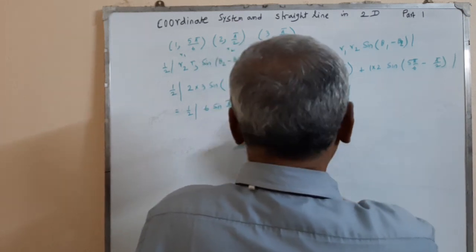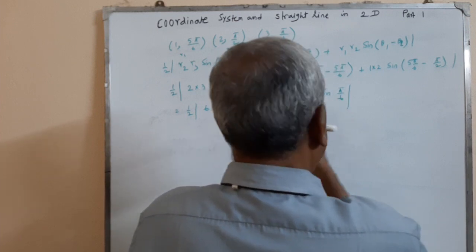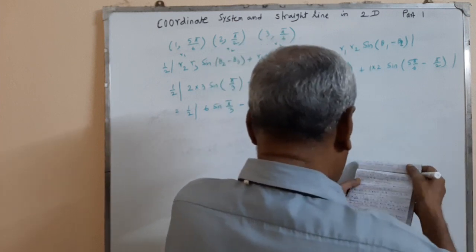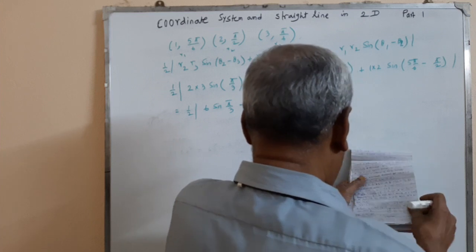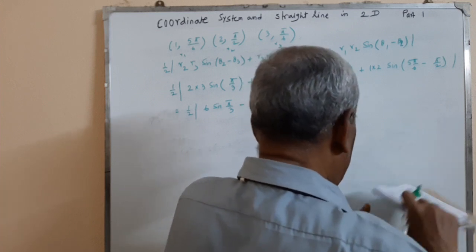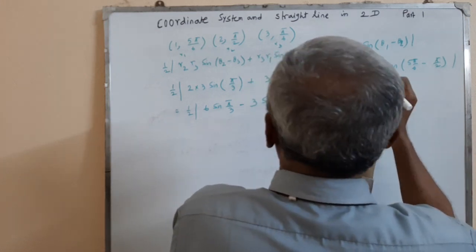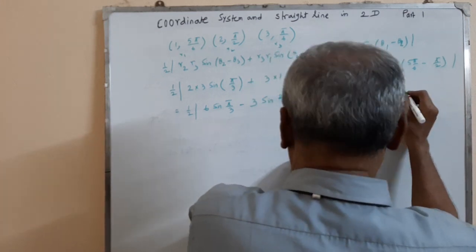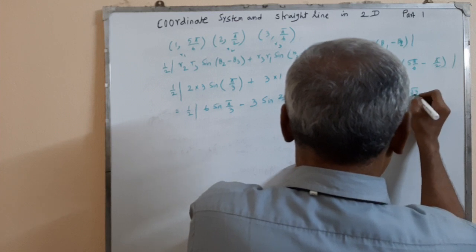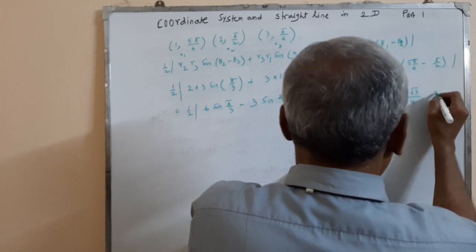Now put in all these values, and the result actually is 5 root 3 by 4 square units.